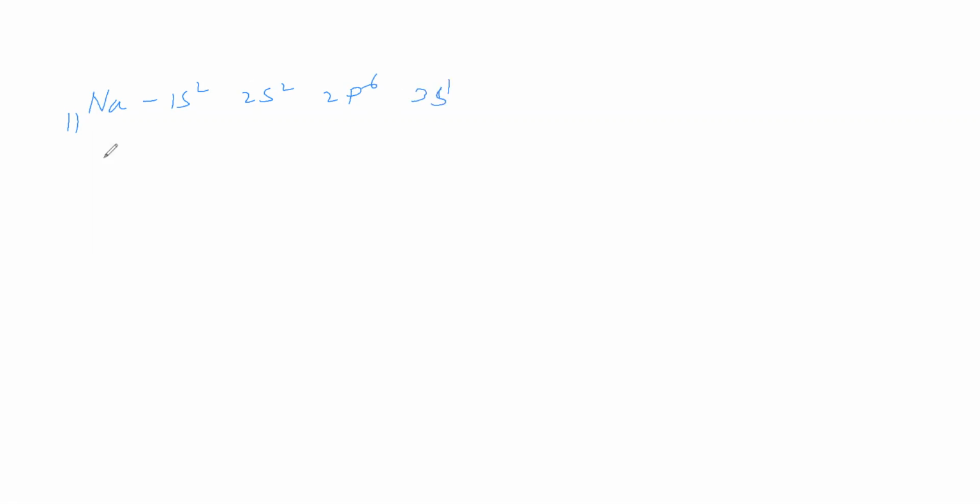For sodium, this last electron is also called the differentiating electron, in the sense that due to this electron it varies from the element before it. Therefore it is called the differentiating electron.